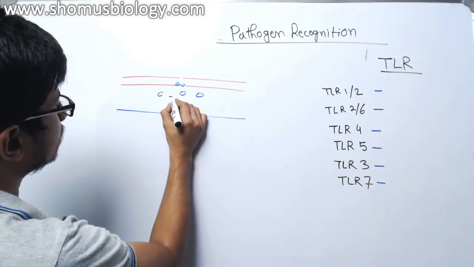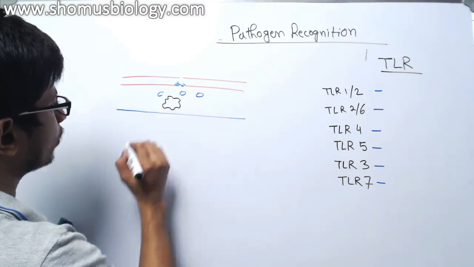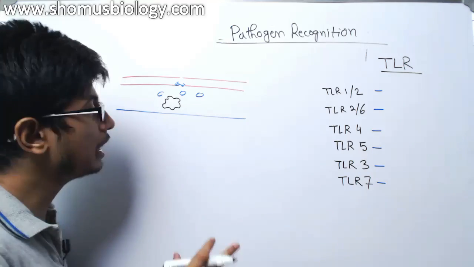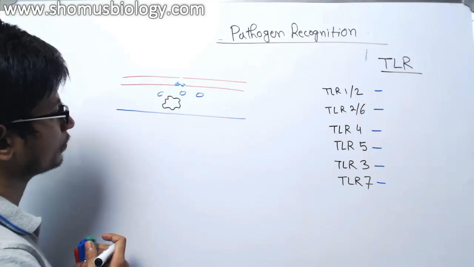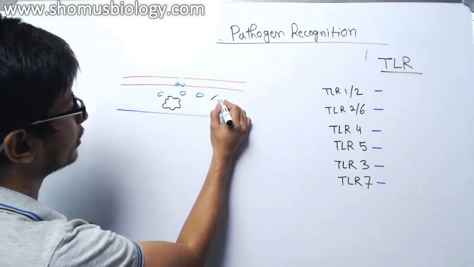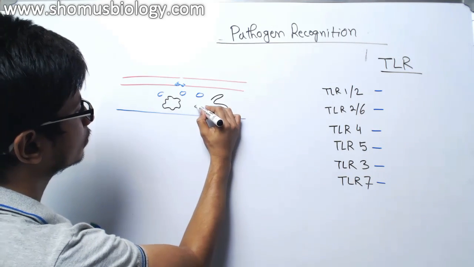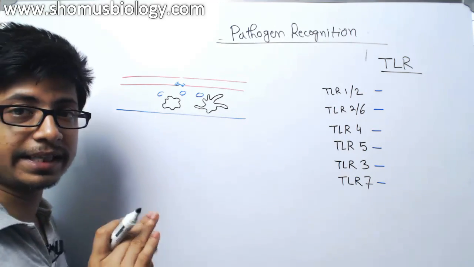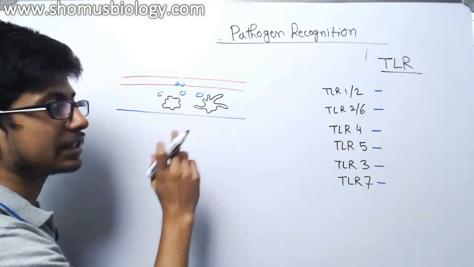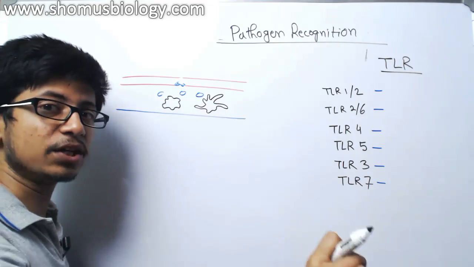One example is the macrophage, a phagocytic cell that stays in the nearby adjacent tissue. There are also other cells called dendritic cells. These dendritic cells and macrophages are present in the adjacent tissue where the bacteria take entry.